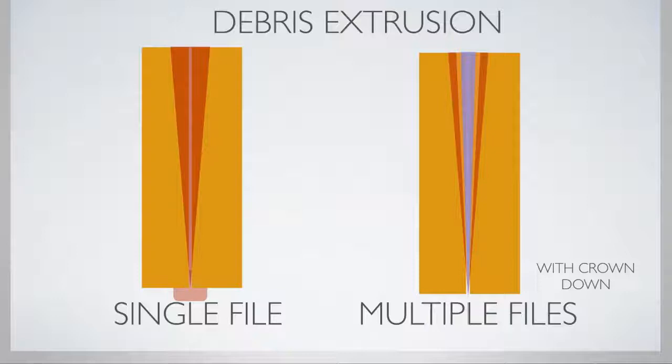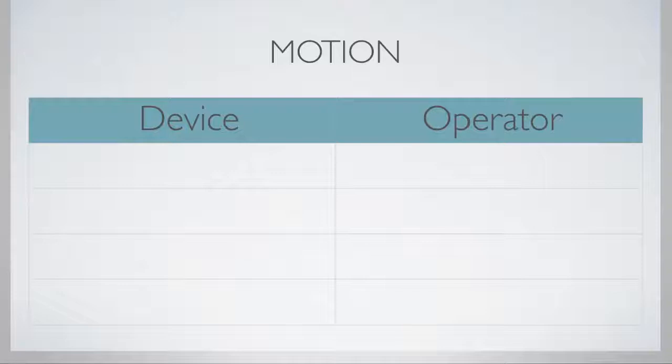So single file reciprocation, because you're jamming a single file down to the apex, could potentially push more debris out apically, rather than using multiple files in a crown down technique, which will remove the debris before you get down. So that's a big advantage.